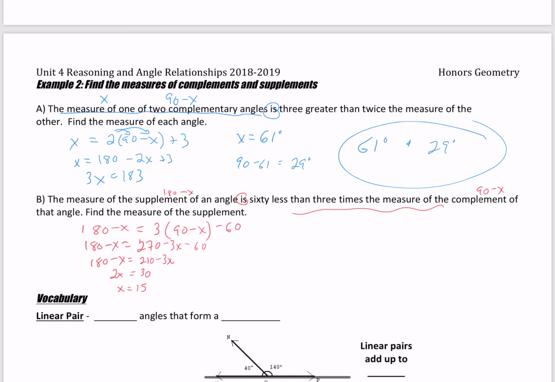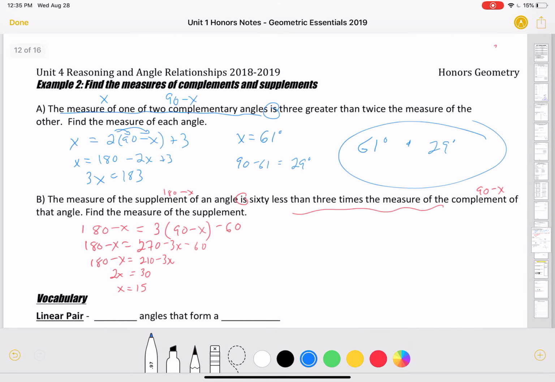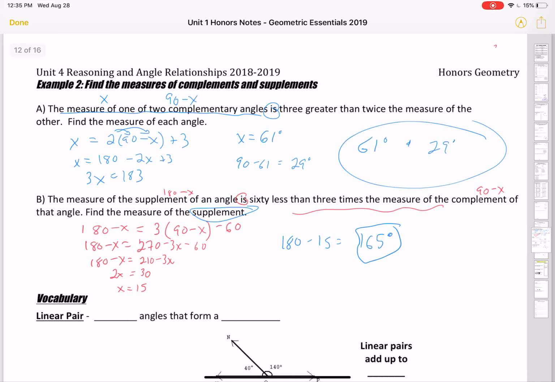So if x equals 15 and I want to find the measure of the supplement, I take 180 minus 15, I get 165 degrees. All right, those will take work, but you can do it.